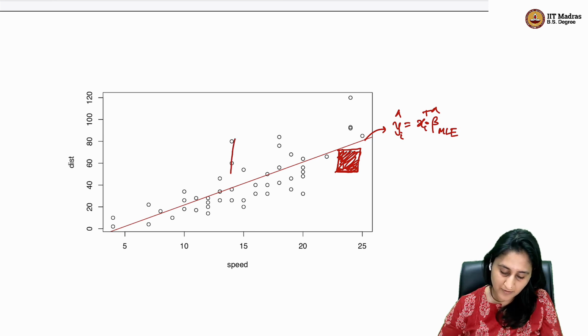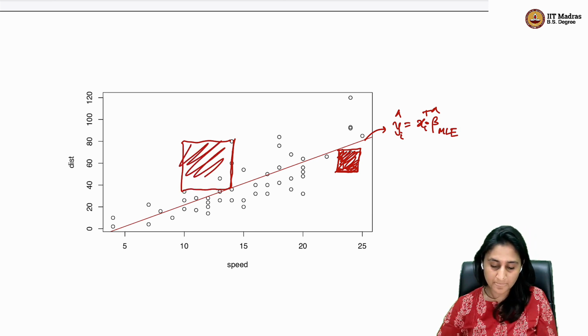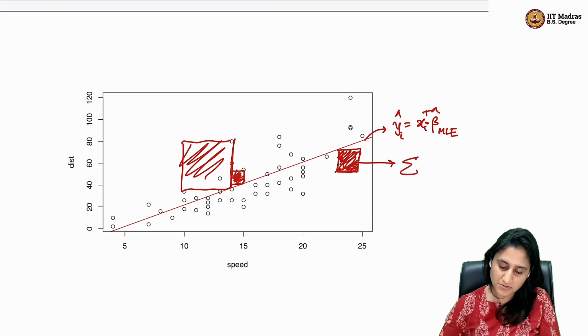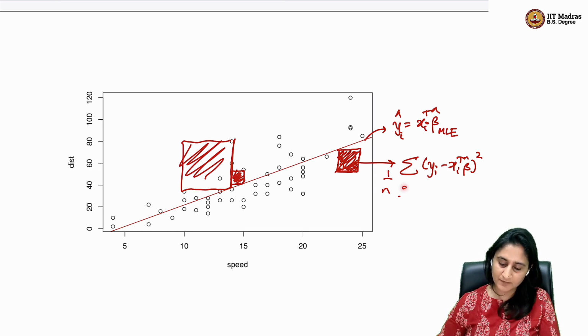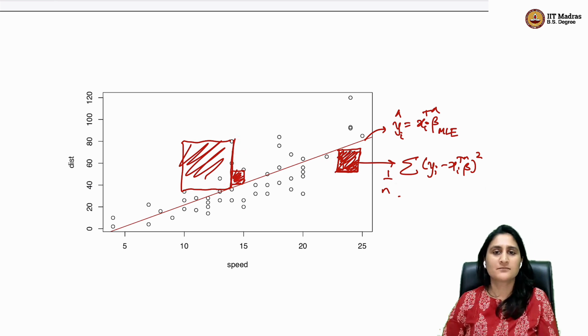So points far away are going to add a lot more variance than points close by, which are going to add a lot less variance, right? So this contributes to the summation of (y_i minus x_i transpose beta hat) squared, divided by n. Okay. So this actually estimates my actual variance.